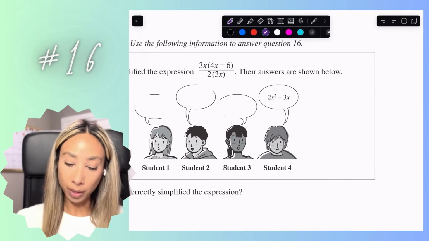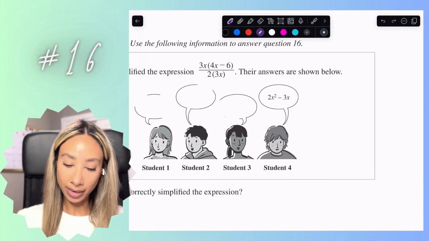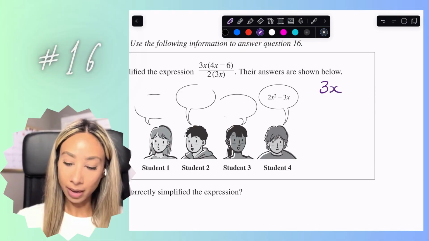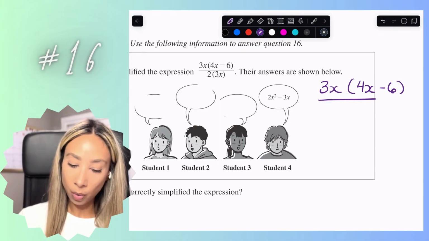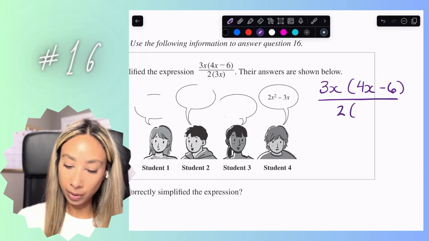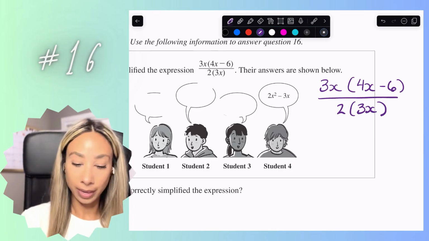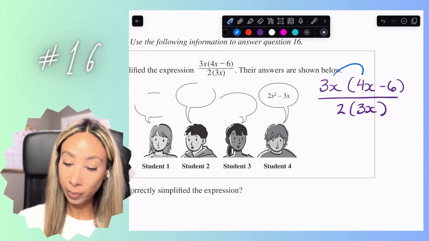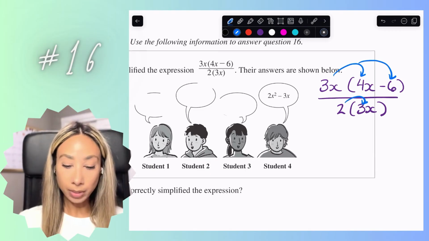So it's a polynomial and I'll rewrite it here. So we have 3x times 4x minus 6, over 2 bracket 3x. So what we want to do is we want to rainbow in those numbers on the outside. So I'm just going to do that like we did in a previous question. And now we're multiplying.